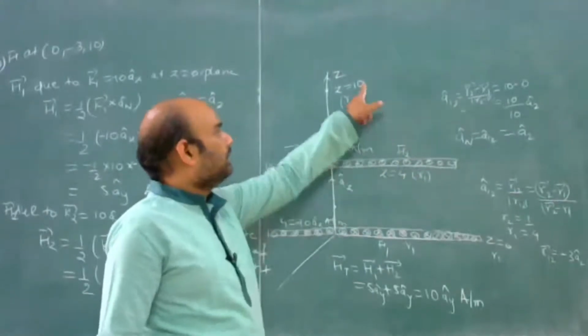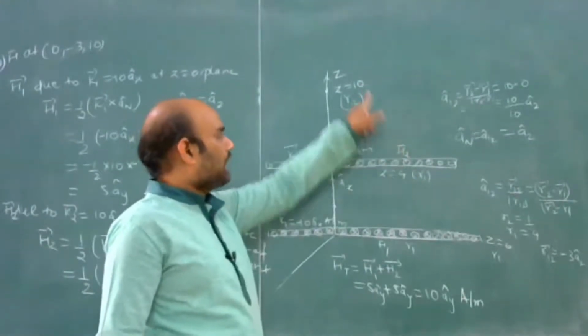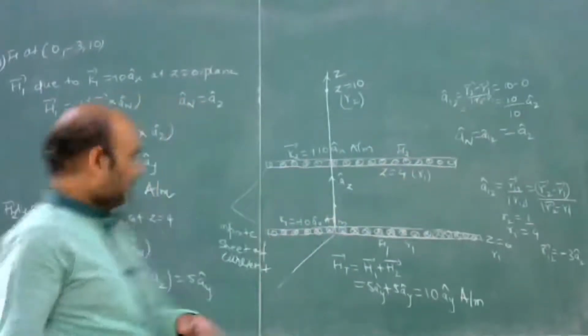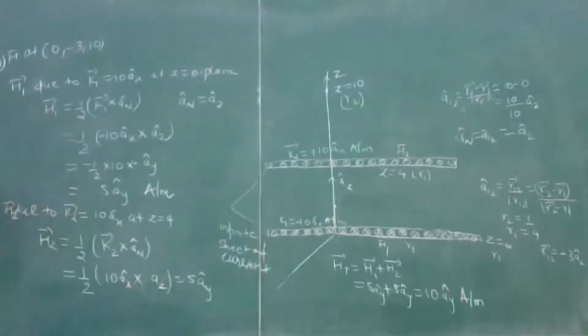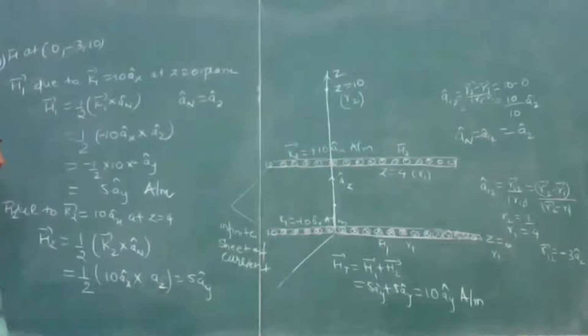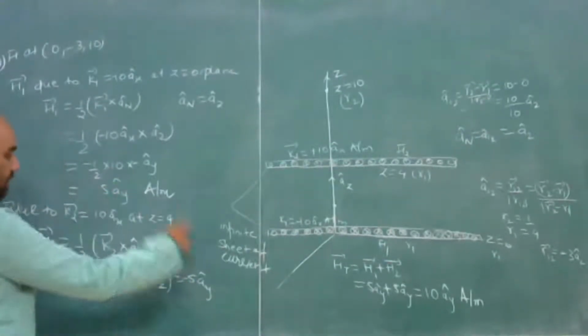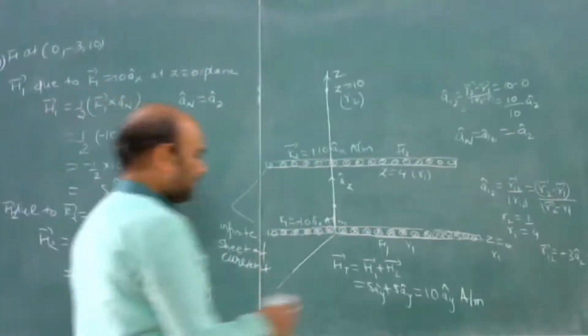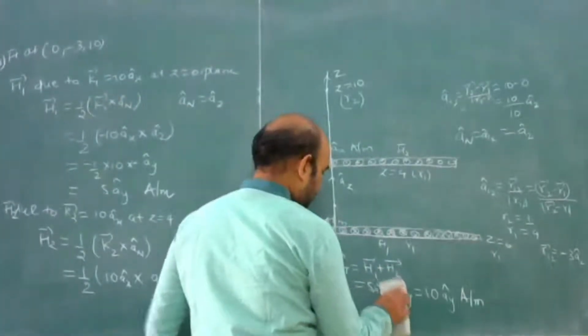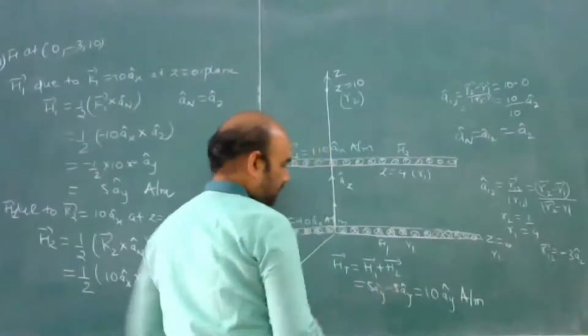Again it is bigger than R1, so 10 minus 4 gives you a positive sign. So Ax cross Az is minus Ay, so this is 5Ay and this is minus Ay.